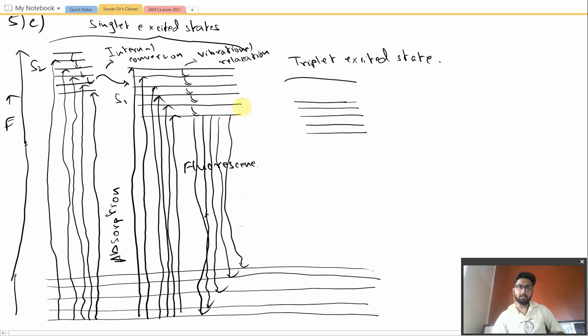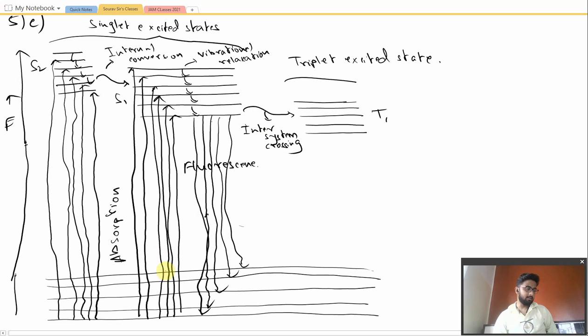Now here one radiationless decay is there. This one is known as inter-system crossing. So this state is a triplet excited state. We name it as T1.